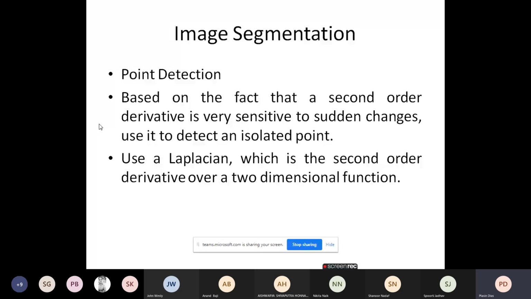Even before we go ahead with the second derivative and how it is used to find point detection, I'll take one bit of consideration of what the Laplacian kernel is and how it is used in digital image processing. Right now you can remember the Laplacian second order derivative is used for point detection.